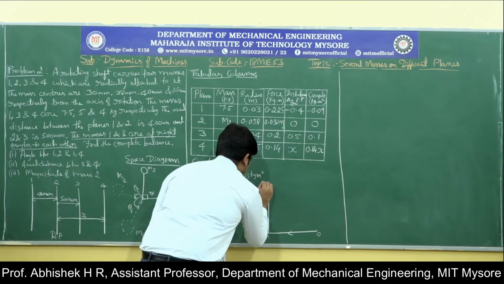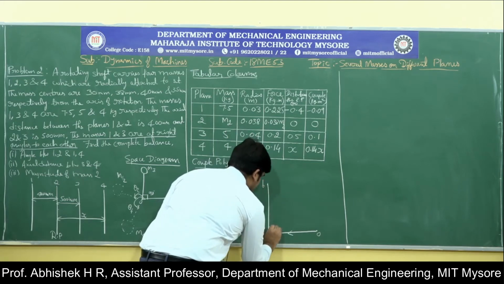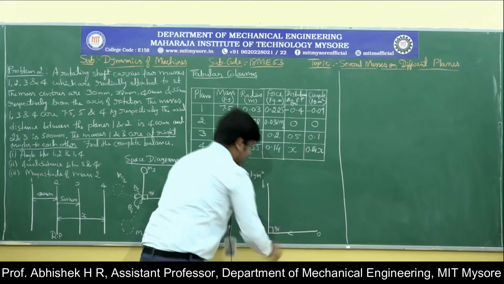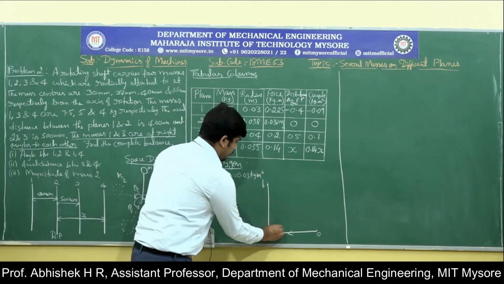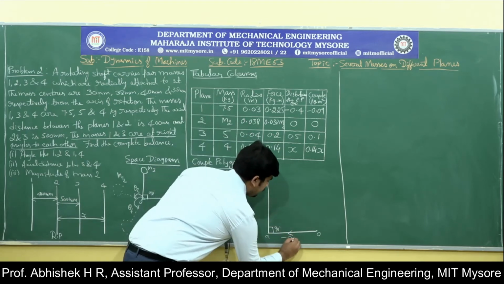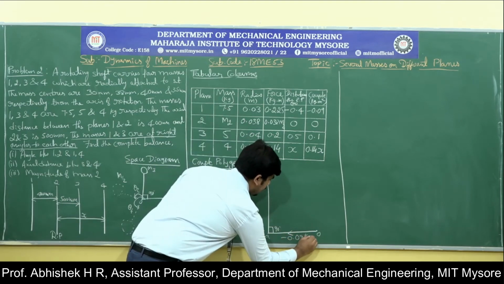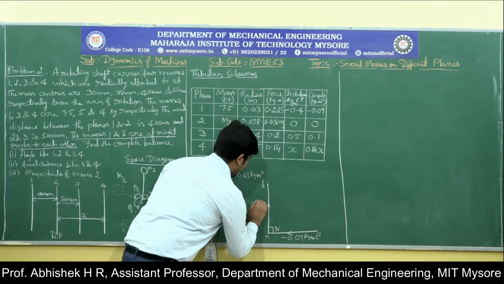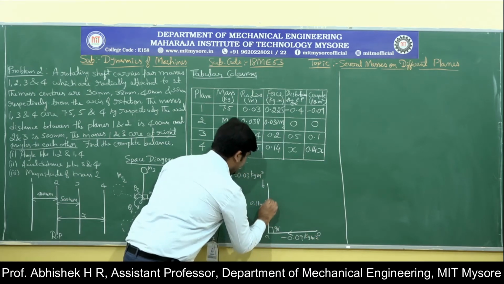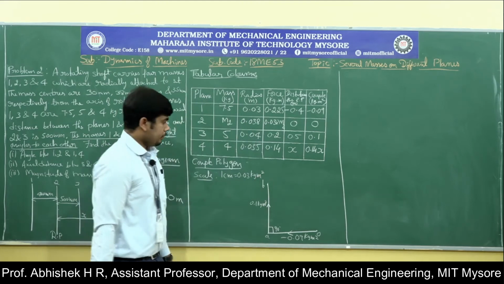So it will be point B, 90 degree. So it is minus 0.09 kg meter square. It is 0.1 kg meter square.